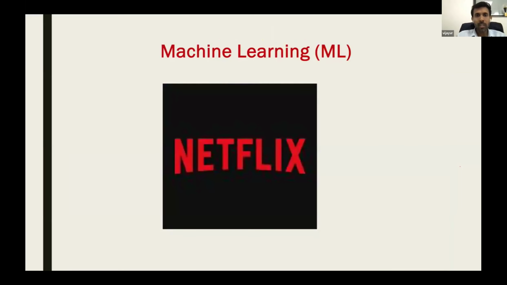So the first component is machine learning. So what is this machine learning? All of us will be quite familiar with this picture. That is Netflix. Suppose you open this OTT platform and you will be watching some series, some movies, some videos. All this data will be grabbed by the AI or the machine learning aspect present in this software, and they will try to study this particular viewer.